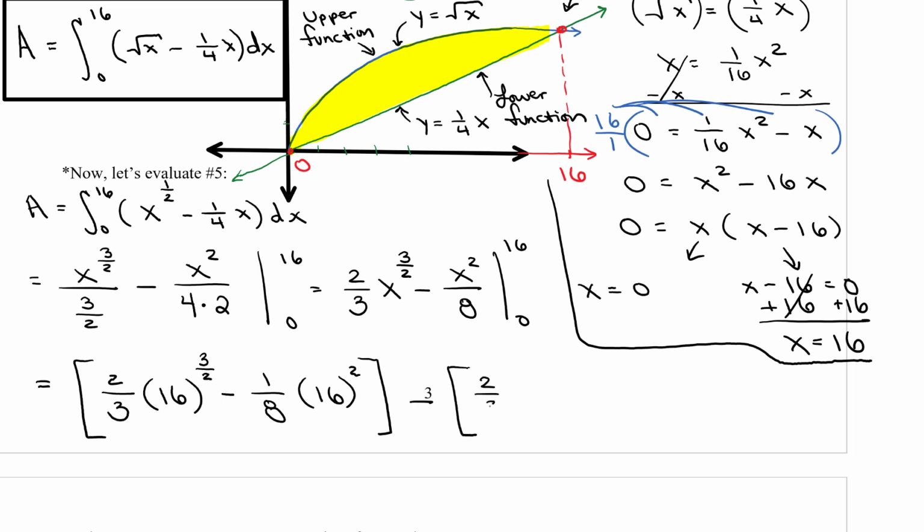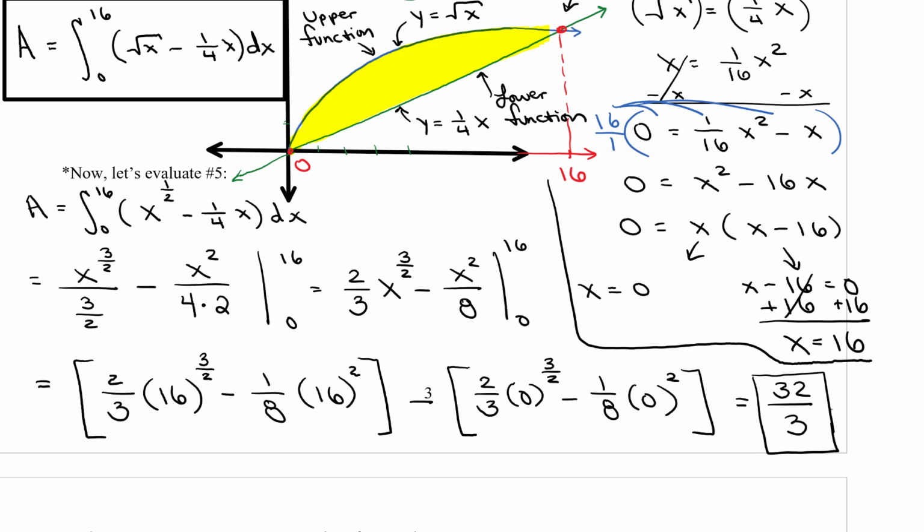Minus, this is going to be 2/3 times 0 raised to the 3/2 power minus 1/8 times 0 raised to the 2nd power, close our square brackets, and that will be equal to 32/3. Just go ahead and do this on your calculator when you get to this point so you can get your answer. And I'm just going to go ahead and box in that answer of 32/3. And we are done for that problem.